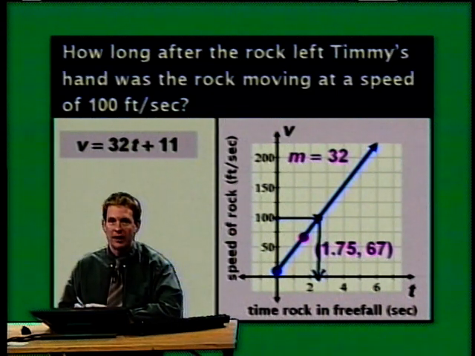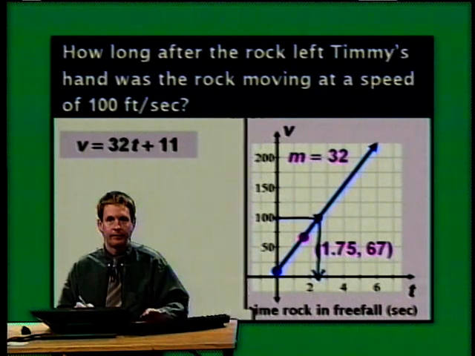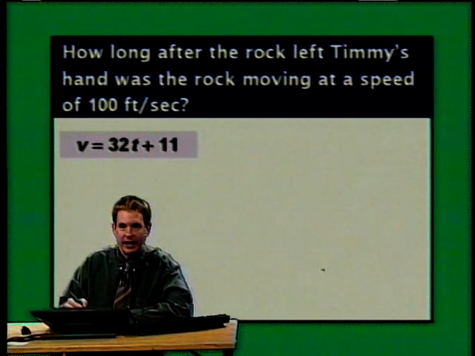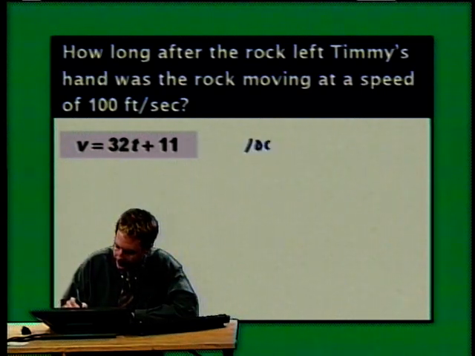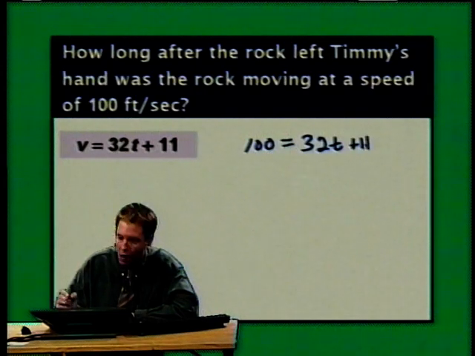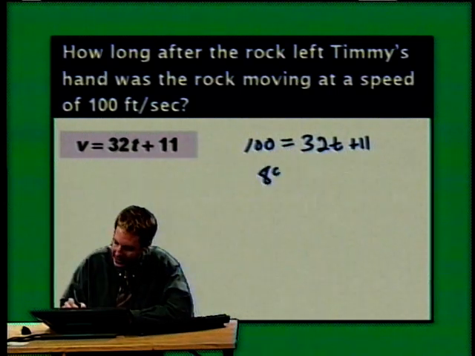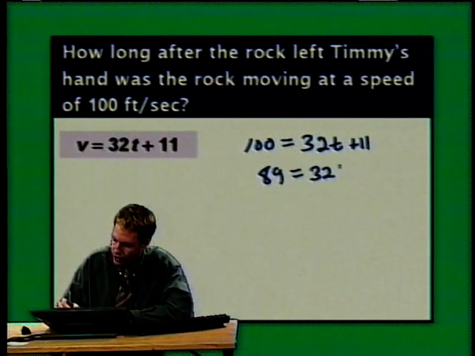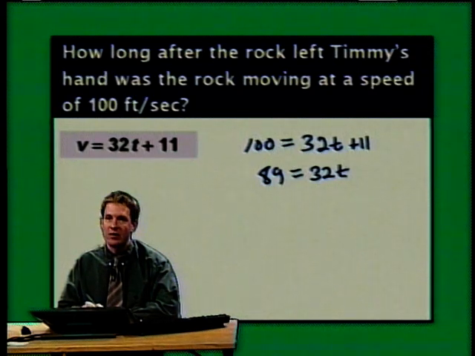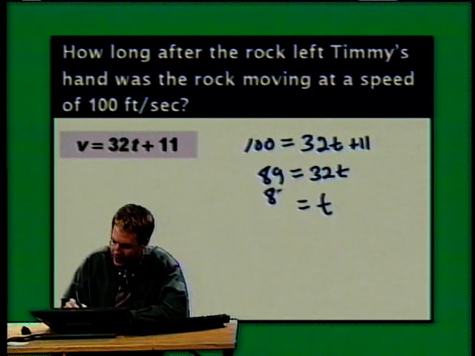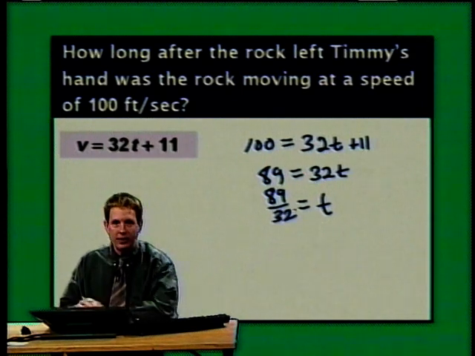So let's do some calculating. I'm going to go ahead and replace v with 100, and I'm going to solve the resultant equation for t. Subtracting 11 from both sides of the equation, I have 89 equals 32t. Dividing both sides of the equation by 32, I have t equals 89 over 32.